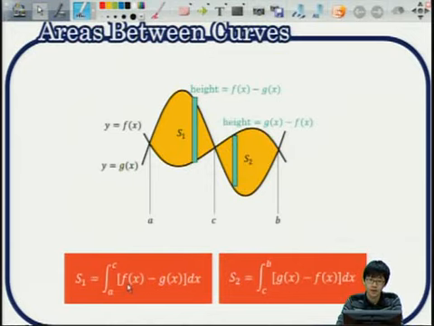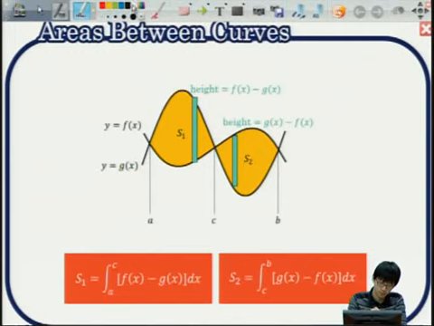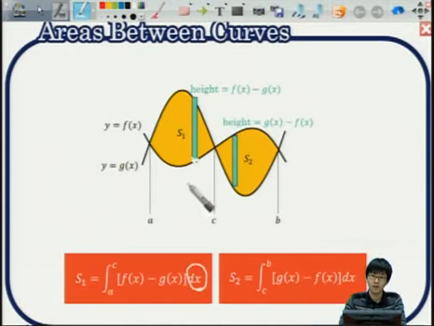S1 is f(x) minus g(x) from a to c. This is red, so I'm going to use this white one. This was the bottom line here, and this was the height. So the height has to be bigger than 0, which means f(x) minus g(x) is the right height, because this f is bigger than g(x), right?